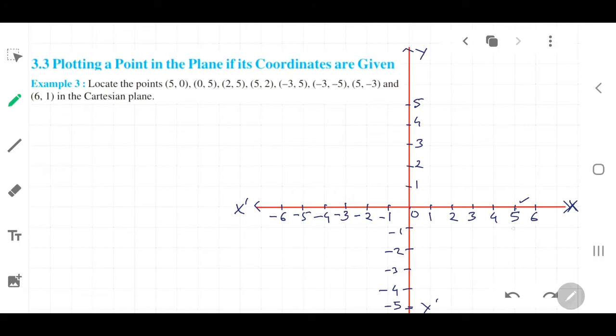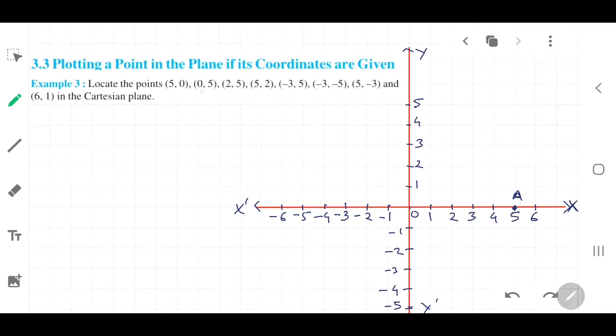Correct? Now you have to locate the points. So the first point you have to locate here itself. So put one point. And this point, you can name it. Suppose we'll name it, let it be point A. Correct?